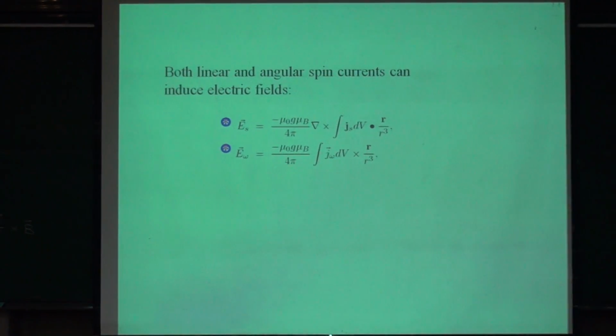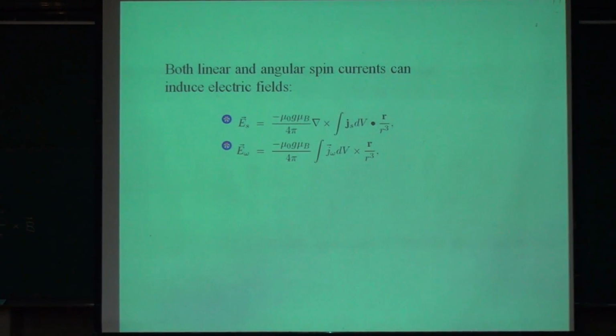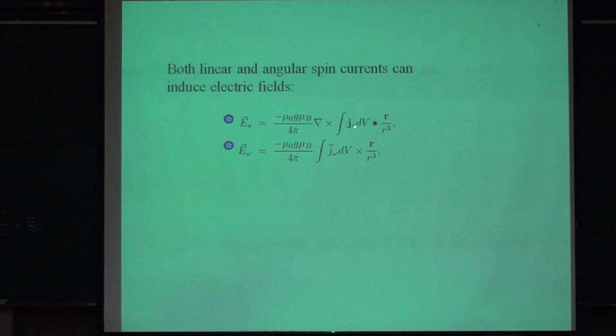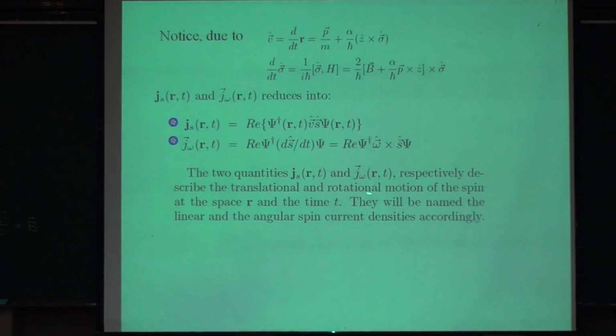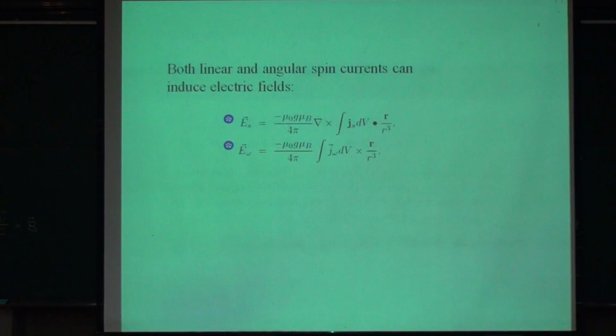In our previous work, we were able to derive that if you have this linear spin current, it is also a source of an electric field. And more importantly, the angular spin current I defined before will also create an electric field. So if you have a spin motion, normally it has a linear part and a rotational part, and both of these will create an electric field.